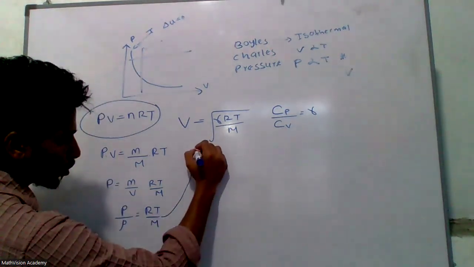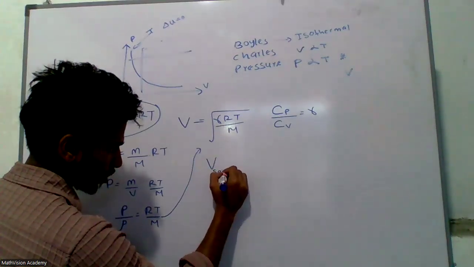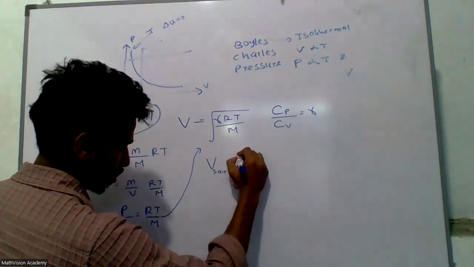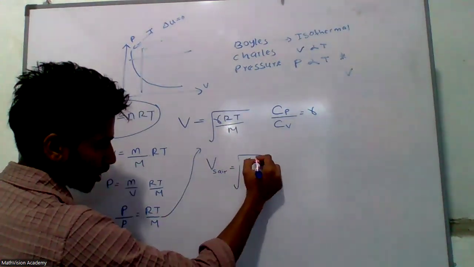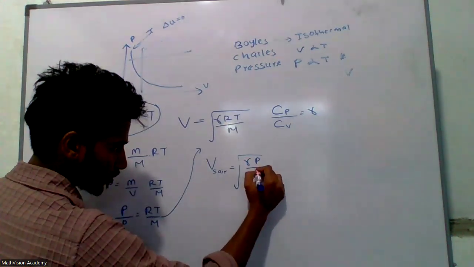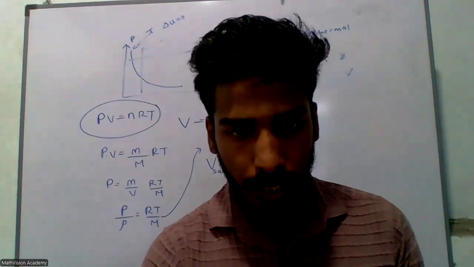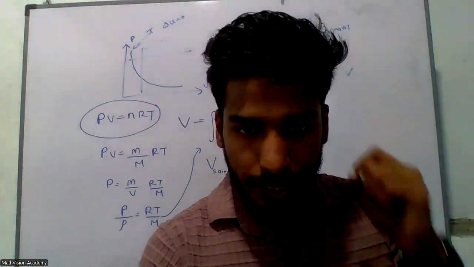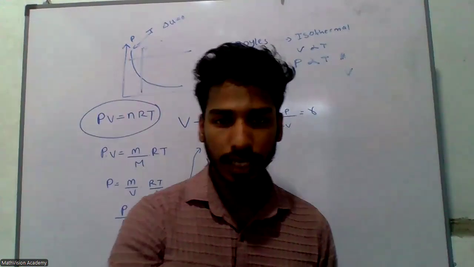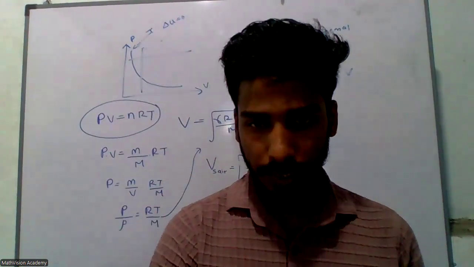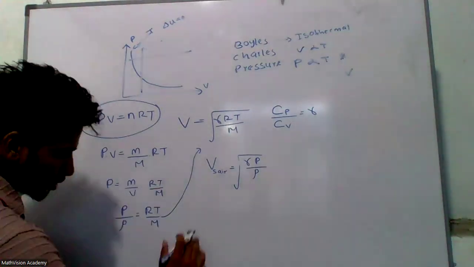So we can substitute here. The velocity of sound in air is equal to, instead of RT over molar mass, gamma P over density. We can also get an equation like this. They are asking the question: the speed of sound does not change when the volume of the container is changed at constant temperature. So understand, this is my equation.